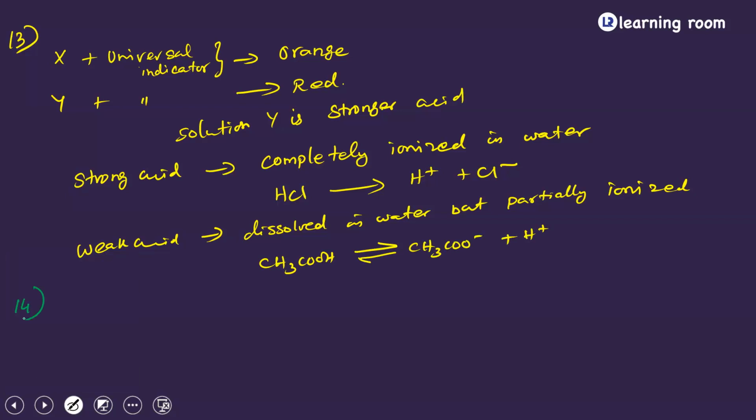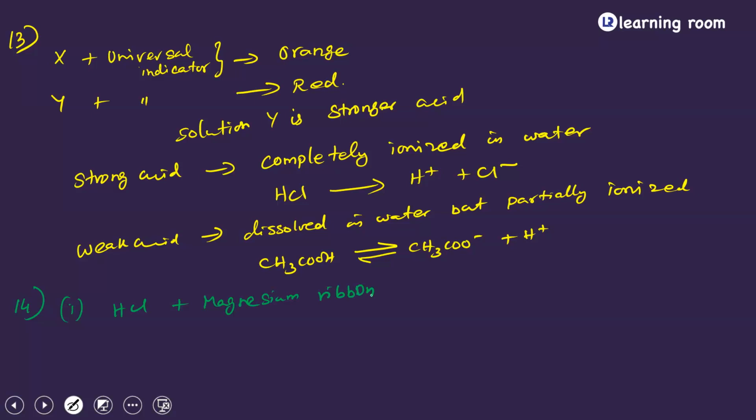Explain the action of dilute hydrochloric acid on the following chemicals. Number 1, hydrochloric acid with magnesium ribbon. What is the reaction?